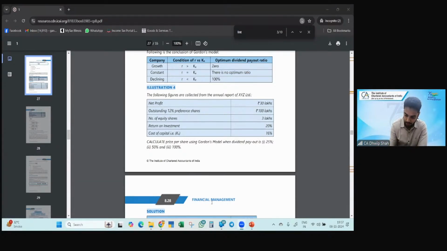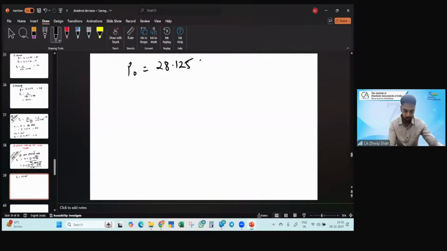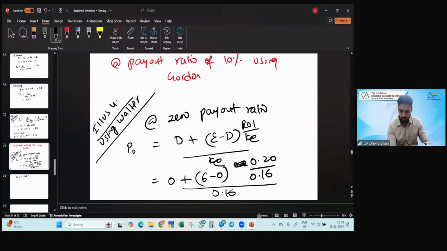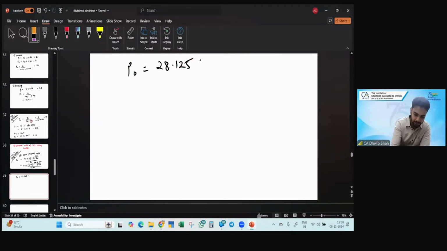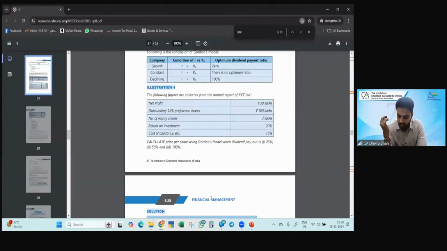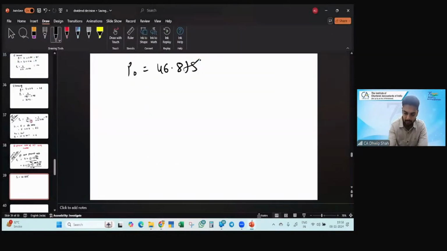Compare $46.87 to 28.125. Let me calculate: 6 into 0.2 divided by 0.16, the whole divided by 0.16. It comes to 46.875. So when ROI is greater than KE, the market price is highest at 0% payout.